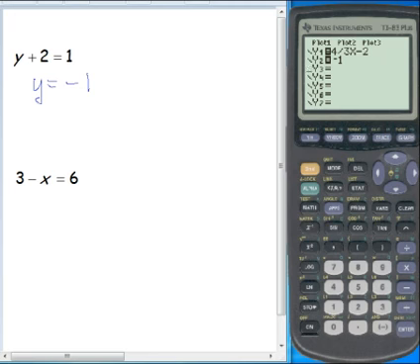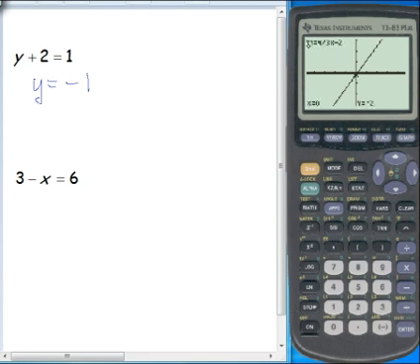And we're already in the Zoom 8 window. So let's go ahead and graph. And you can see it's graphing right there. It's kind of really close to the x-axis. So let's hit trace here, and you can see that I am on y1, the first line.